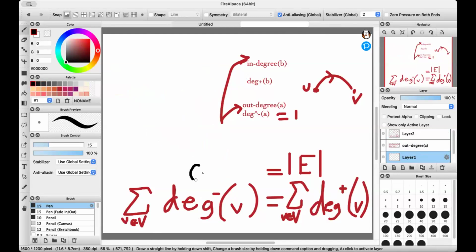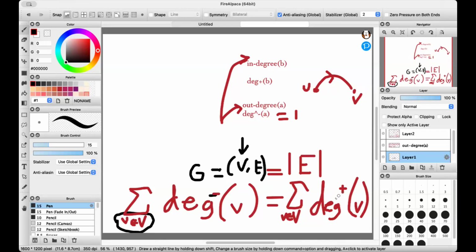So let's say my graph is V comma E. When I say this, that's basically saying for every vertex in this set V. So if I sum up the in degree of all the vertices in this graph, it should be equal to the sum of all the out degrees of the vertices in the graph. So let me draw a directed graph here.